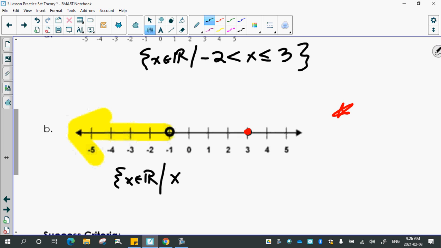The numbers have to be less than -1. Okay? If you're an x, you have to be less than -1. Okay? And that set's going to be union with, I can actually write out every number in that set, because the only number in that set is 3. Okay? Is it acceptable if I just wrote x equals 3? Union x equals 3, yeah, that's fine. Yep. That's fine too.